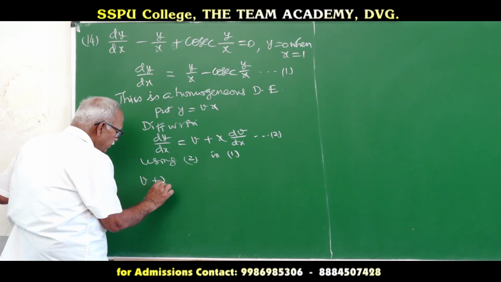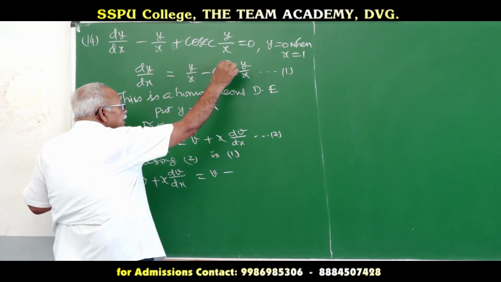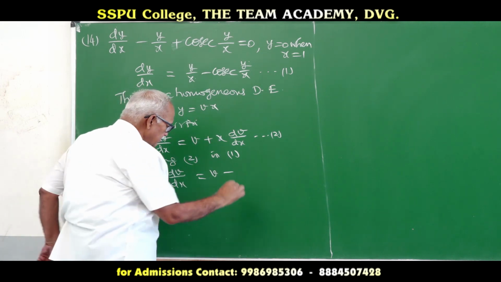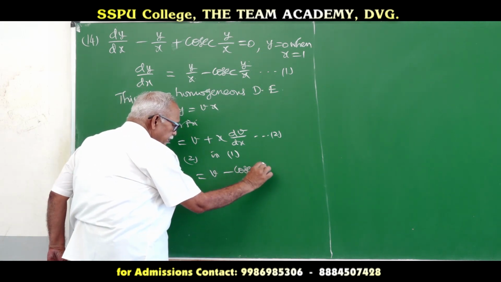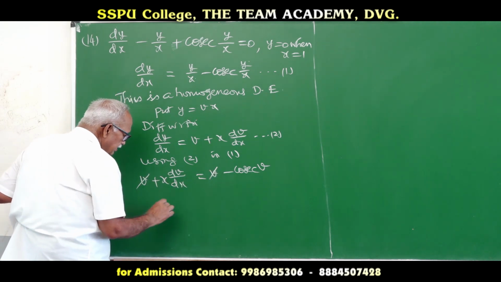See, v plus x dv by dx is equal to y by x, which is v, minus cosecant y by x, minus cosecant v. Now v cancels.